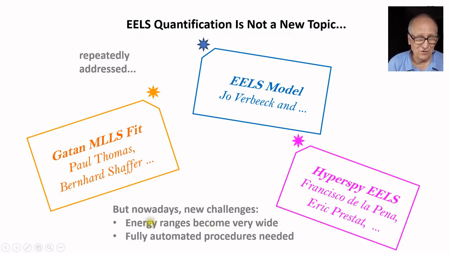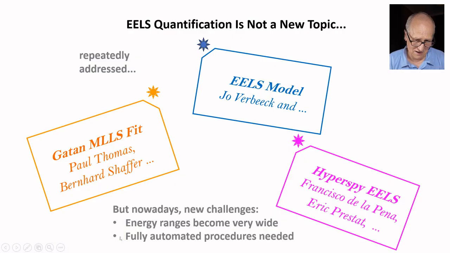Namely, we start to collect spectra in a much larger energy region. Such a large region that the old models and assumptions sometimes really fail in this extended region. And another thing, maybe even more important, we now collect spectrum images of huge size.